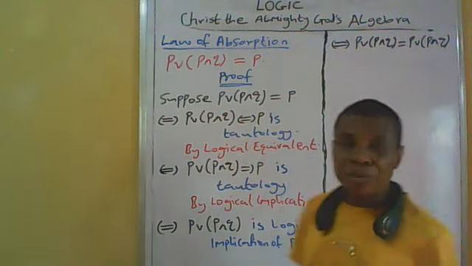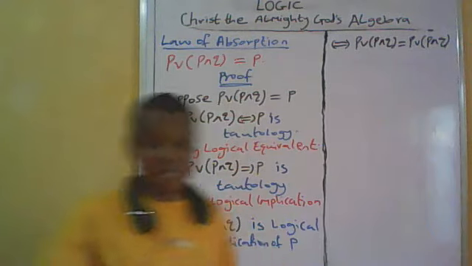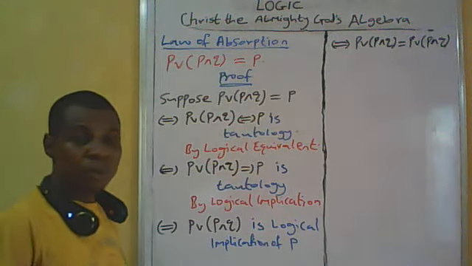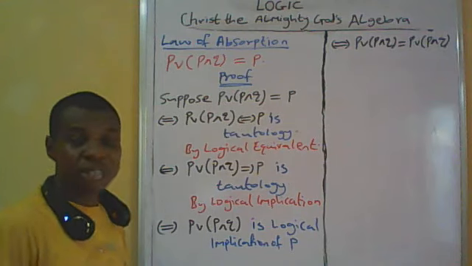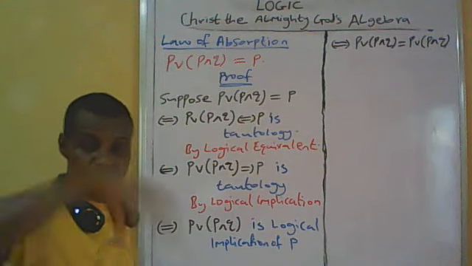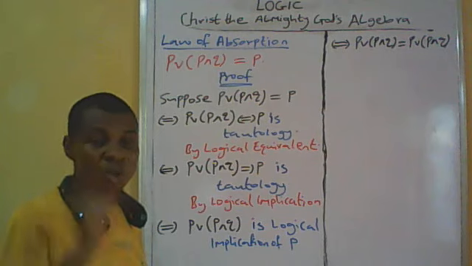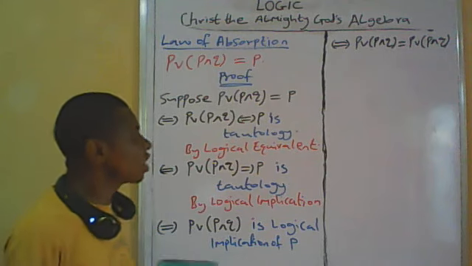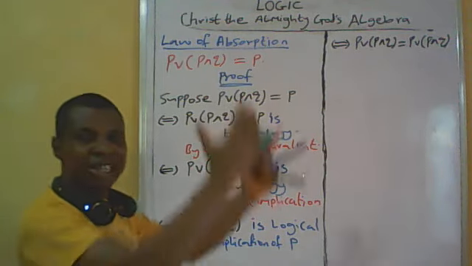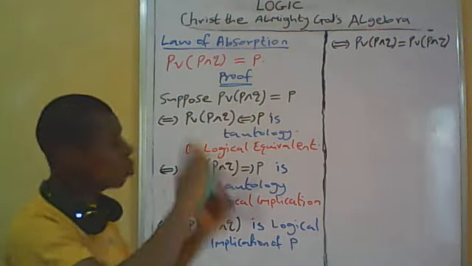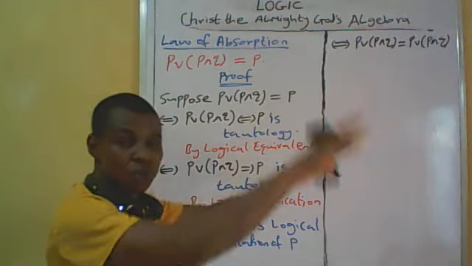Now, he said that equated the logical implication with itself. That means we said that logical implication is equal to itself. And it is true that logical implication is equal to itself, in the sense that whenever the left-hand side of logical implication is true, the right-hand side is also true.